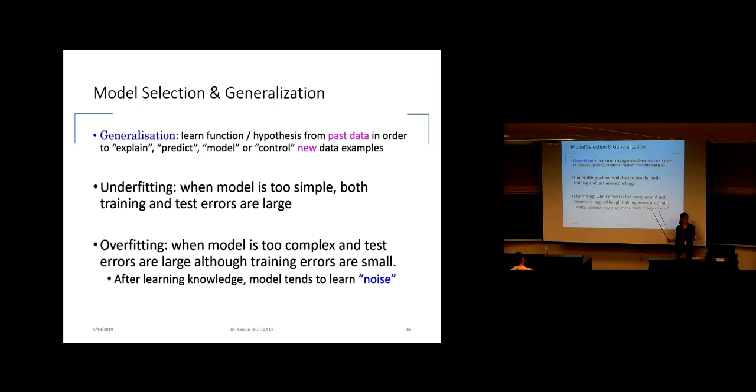It can't fit the data, so both the training error and the test error are really large. Overfitting means the model is just too complex. The training error can be pushed to almost 0, but the test error is super large, and the model ends up fitting the noise in the training data.